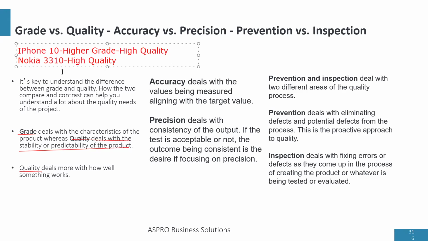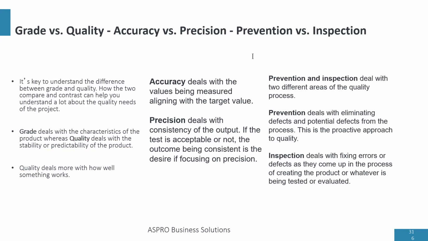So Nokia 3310 will be a lower grade but high quality. iPhone 10 is a higher grade and high quality. Quality talks about how well something works. And of course, if you buy something that is not of quality, one of the signs is that it does not last. So that's what we're talking about, how well it works.